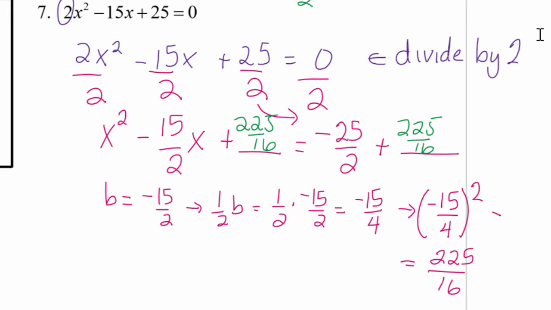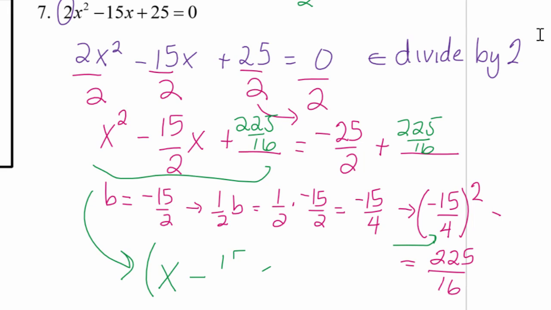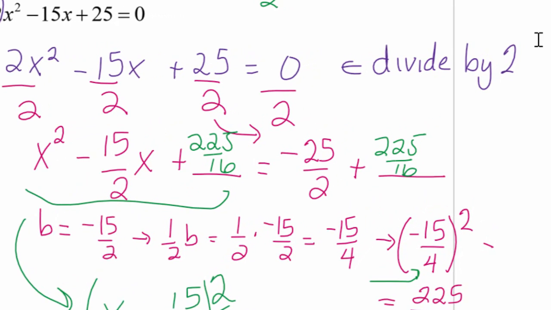Okay, let's factor this left-hand side. Remember, this is always going to be x, and then whatever you squared to get that 225 over 16, which was negative 15 fourths. So that's what goes in the parentheses, x minus 15 over 4 squared, equals, now we got to add these two up here, negative 25 halves.